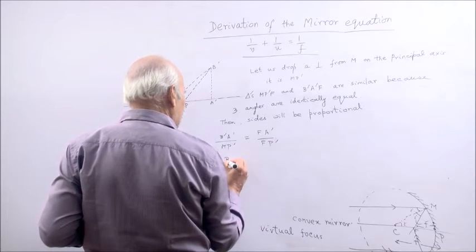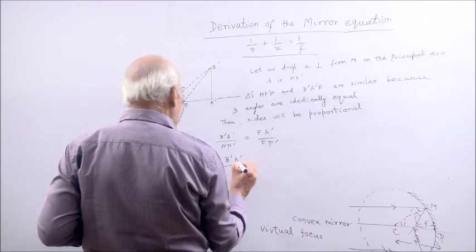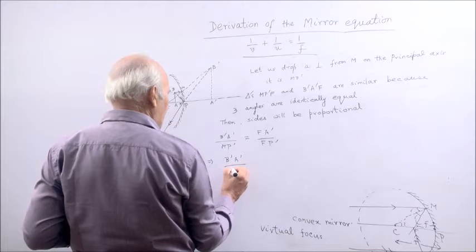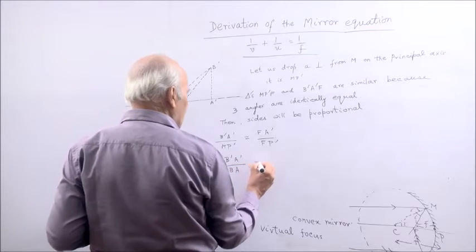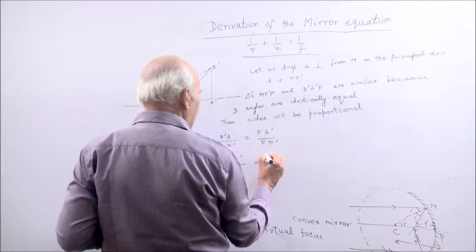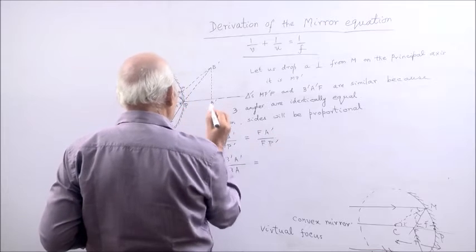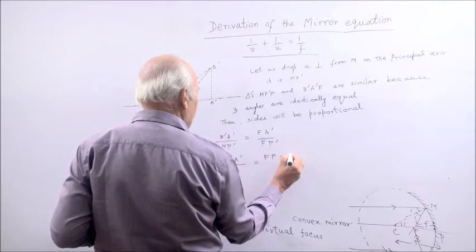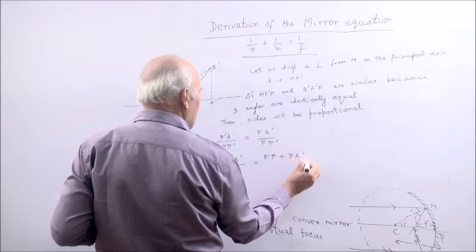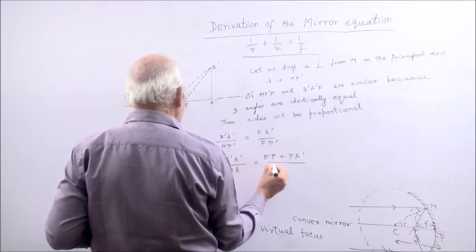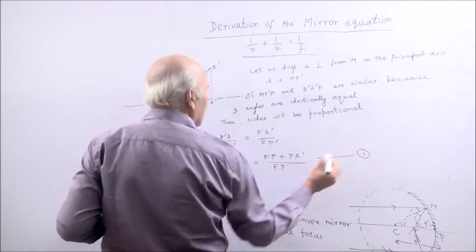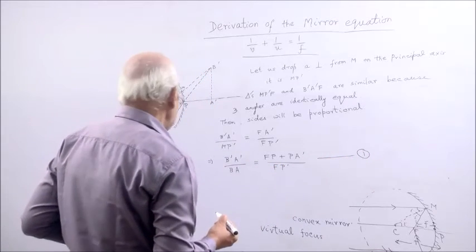This implies B dash A dash by M P dash, which is the same as AB, or you can say BA as you like, is equal to F A dash. F A dash you can write as FP plus P A dash, by FP dash. This is equation 1.